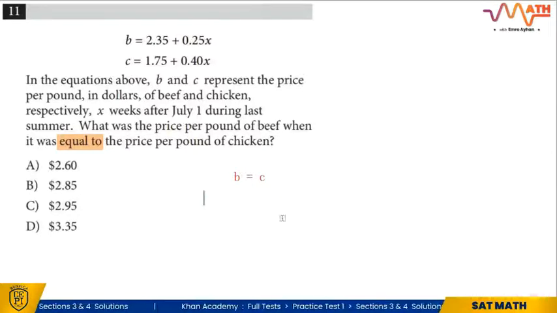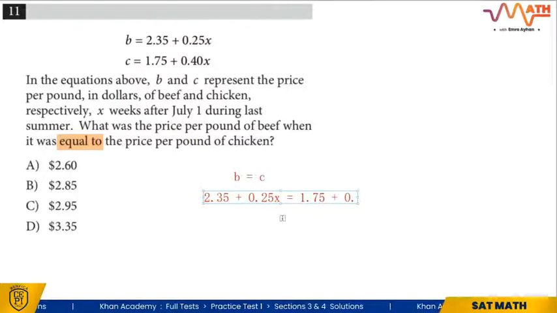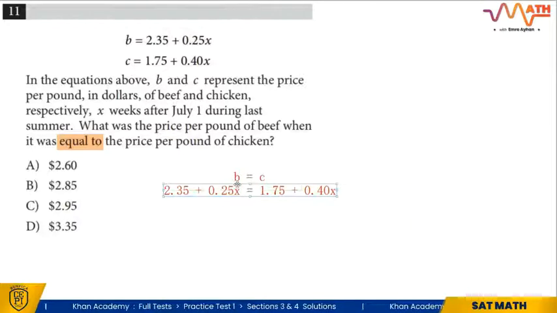will be 2.35 plus 0.25 plus 0.40x. So then let's send numbers to the right hand side or left hand side, doesn't matter, and the variables to the other side.